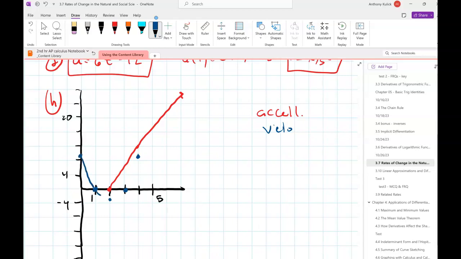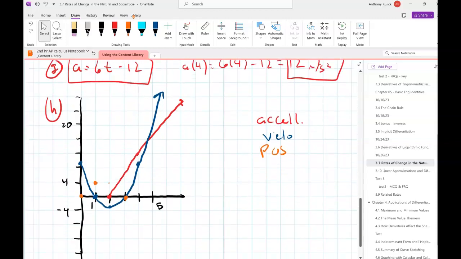So we'd have something like that. Okay with that? And then we'll do position in orange. We know at 0 our position is 0. We knew at 1 our position was 4. We knew at 3 our position was back to 0. And we knew at 5 our position was 20.